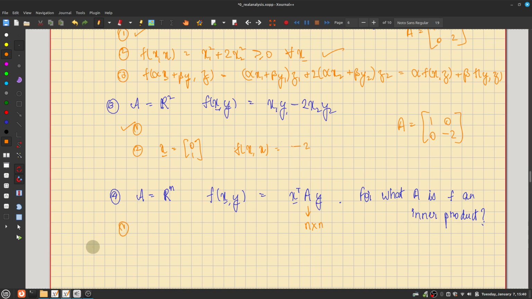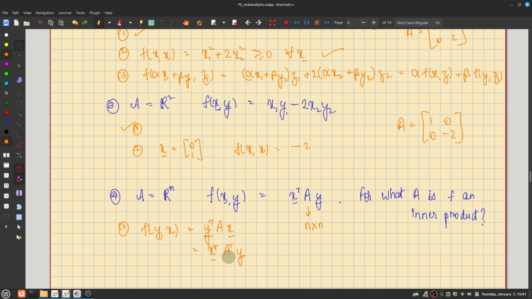Now let's look at it. What is the first property that needs to be satisfied? Symmetry, right? We want this to be symmetric. So what is f of yx? It is y transpose Ax, which is also equal to x transpose A transpose y, because this is a number, the transpose of this is the same number, and the transpose of this is x transpose times A transpose times y transpose transpose, which is y.